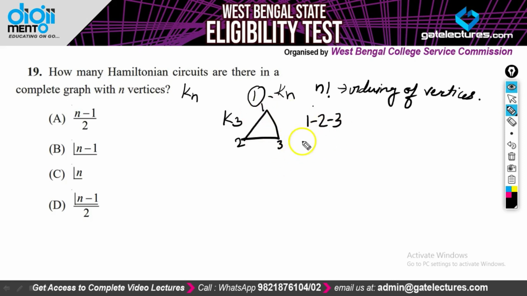If I begin with 2, then I can go to 1 and then 3, and then from 3 to again 1. So same graph will be given. If I begin from 3 and then 1 and then 2, so it is same. These are all the same, so we have to deduct these also because there could be cycles. So we do not want the redundancy. We want the unique ones. Okay. So we have to reduce them also.